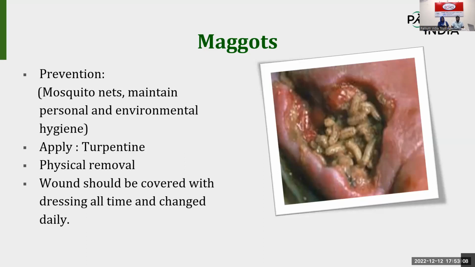By using that, we can remove the maggots manually. Then the wound should be covered with the dressing at all times. Every time we need to cover the wound with a proper dressing pad, and periodical changing is also mandatory for this type of wound. It will prevent maggot production.